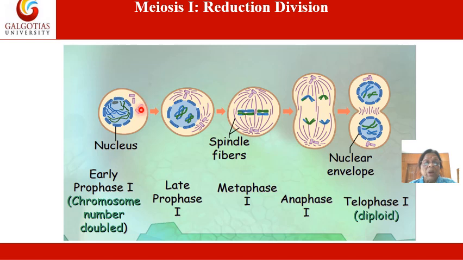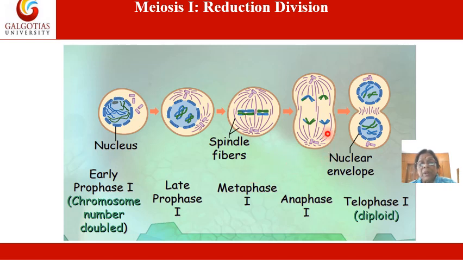Here the centrioles have divided, and they move to the 2 poles at late prophase, and the spindle fibers start developing, and they fuse together, and these chromosomes arrange themselves in the center. This stage, when the chromosomes arrange in the center, is known as metaphase 1.